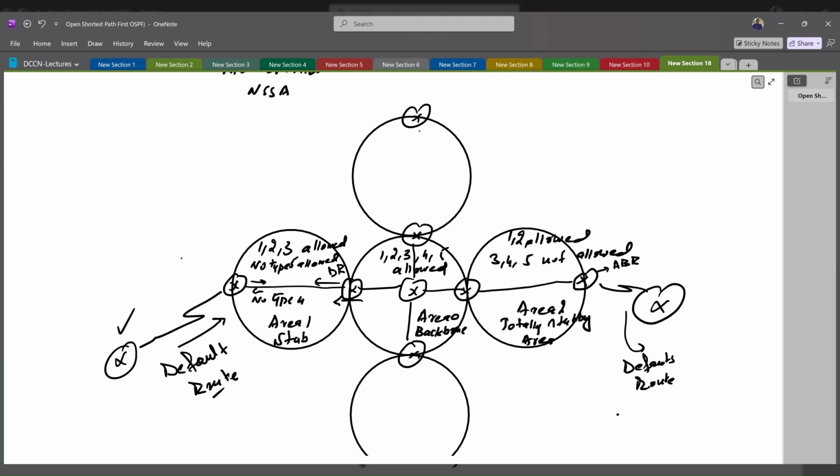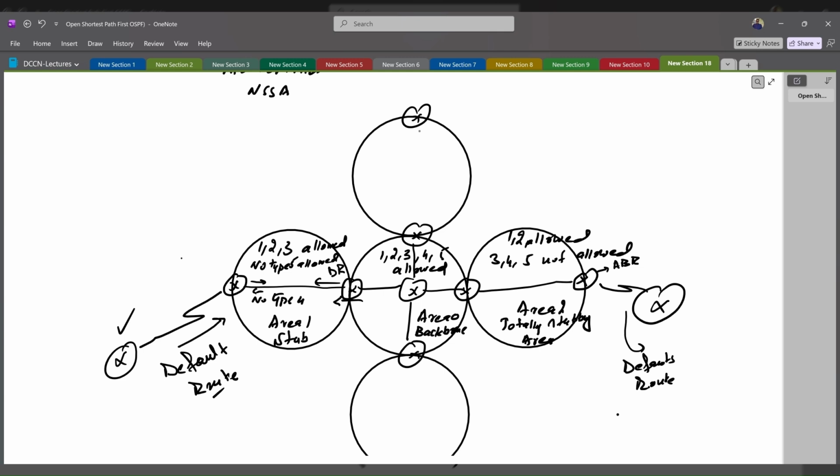So I'm just writing area 1, 2 for our understanding. When I have to declare a stubby area, I need to write a command. For example, I will write area 1 stub no summary. Okay, this is the command that I will write.